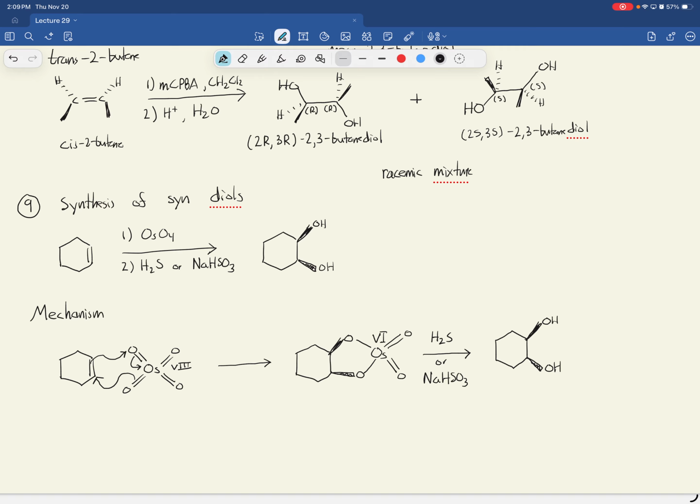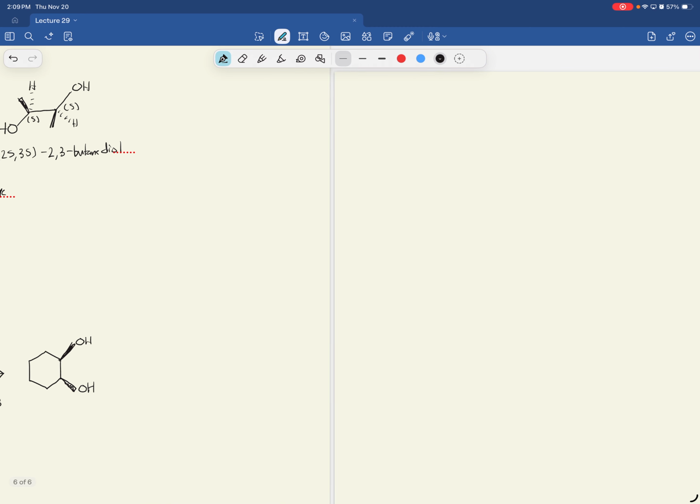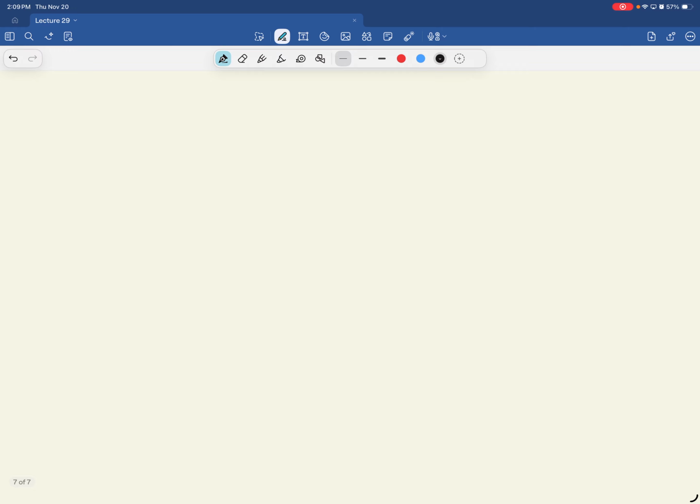So we have to add the 2 oxygens to the same face, so that's why it proceeds in a circular fashion. So it's concerted. Okay, so that's osmium tetroxide. I think there are some problems on the homework, but don't worry, the homework's not due until like December. But please get started.